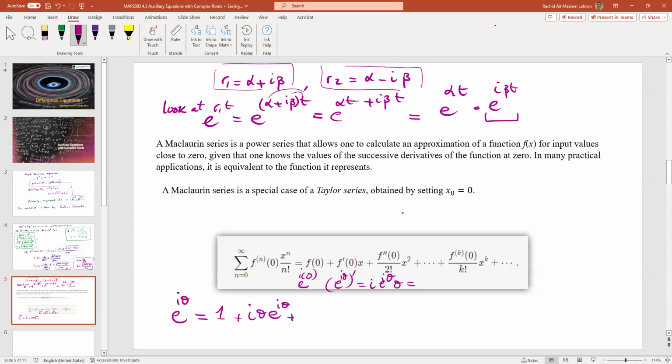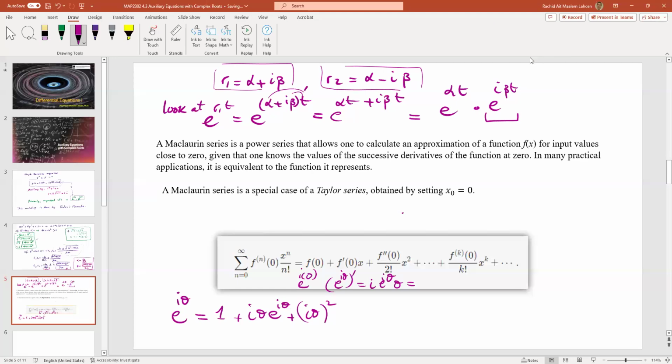Now you do the second derivative. That's going to be the i squared and theta squared, so we just do both squared.